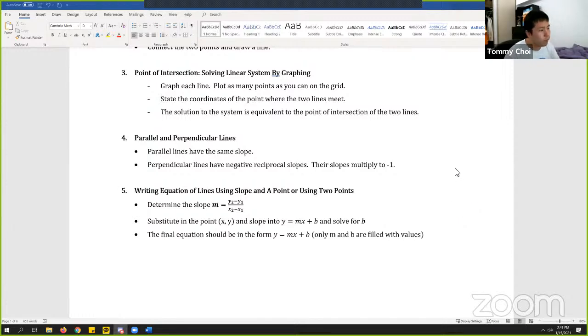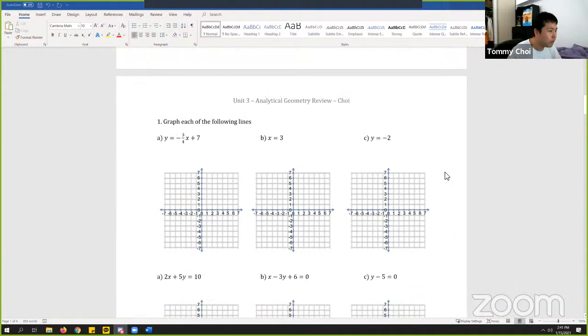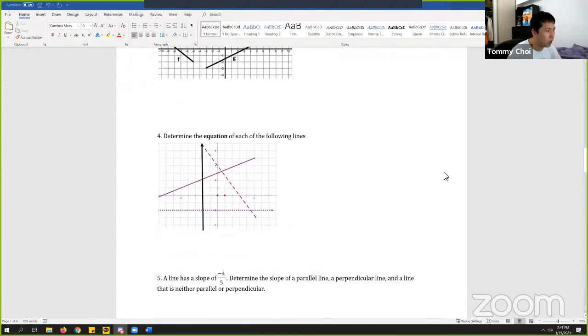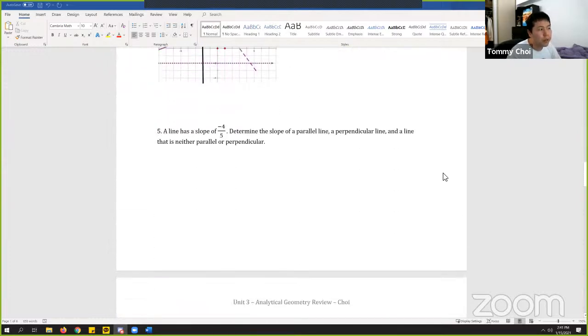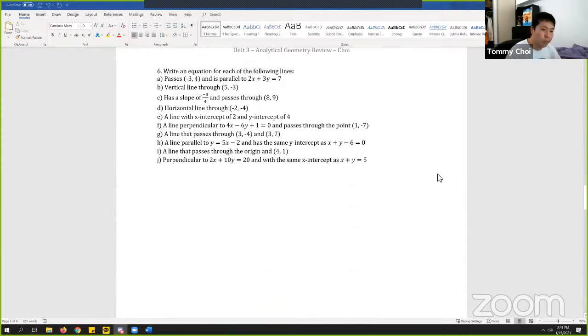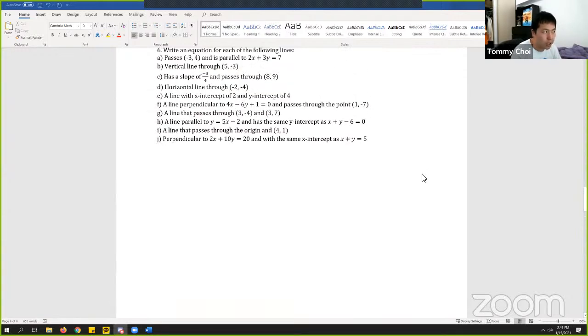So that being said, there are 5 pages of questions, all with varying different types of situations. Now for number 6, I'm specifically going to number 6. It says write an equation for each of the following lines, with the whole page empty, because you're going to need a lot of space for this.